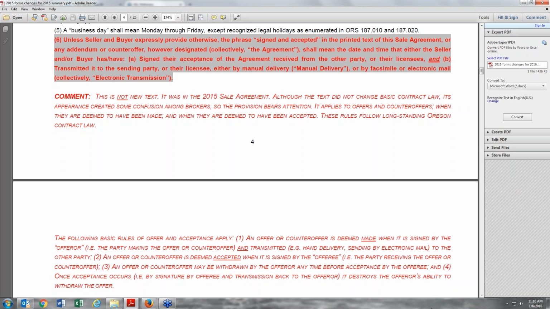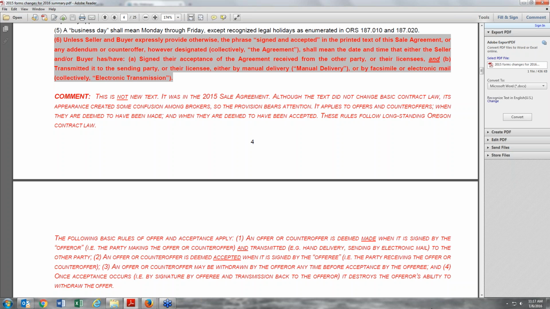Now, what this refers to is something that has been in the law forever, and that is that under contract law, in order to have a contract become binding, sometimes known as a meeting of the minds, it's got to be signed by the offeree, in this case the seller, and transmitted back to the offeror, in this case the buyer.